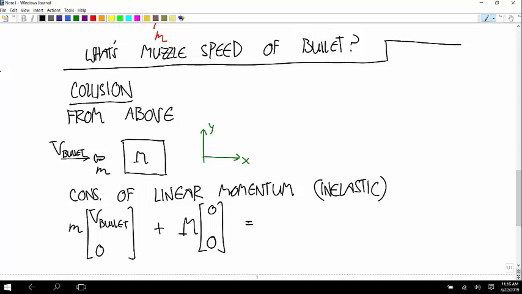And then after the collision, the two things have the same velocity.